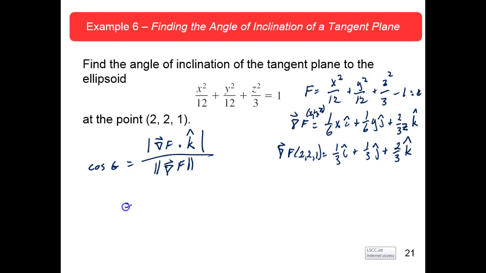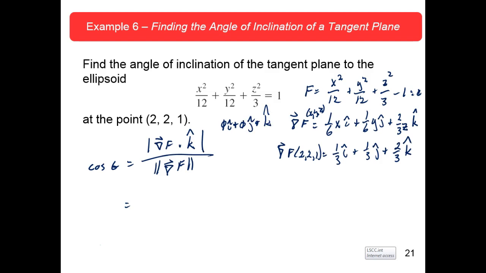So we need to dot those two together. Well, k is 0i plus 0j plus k, right? So that's pretty easy to dot.